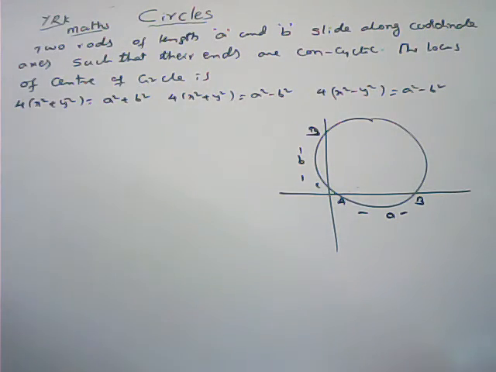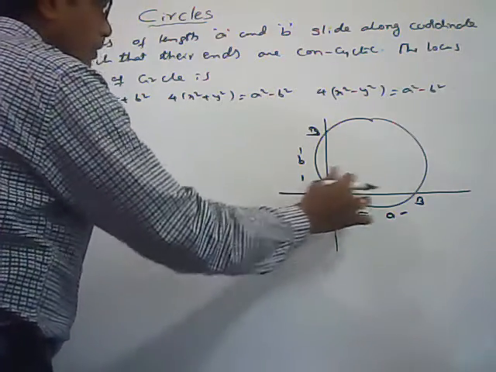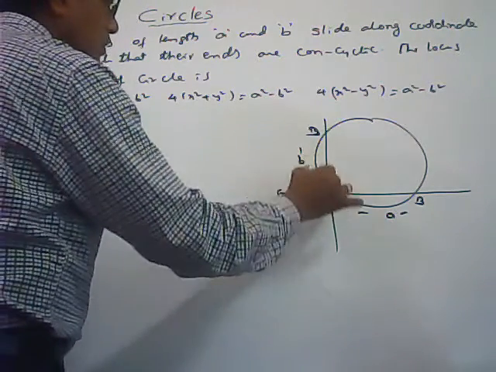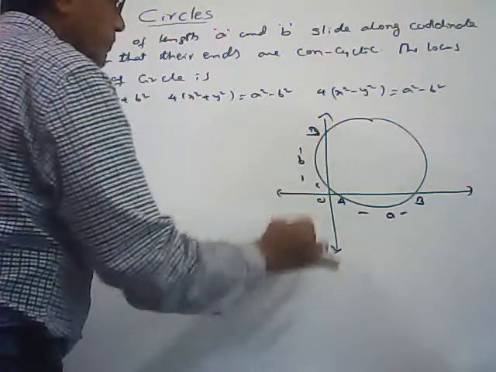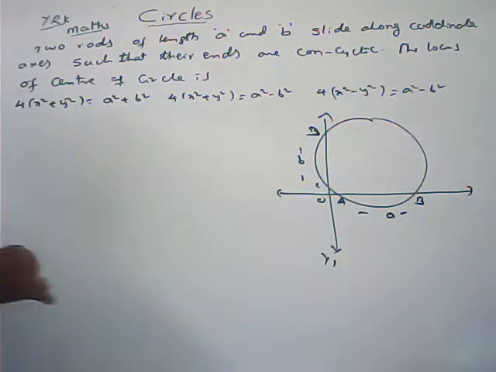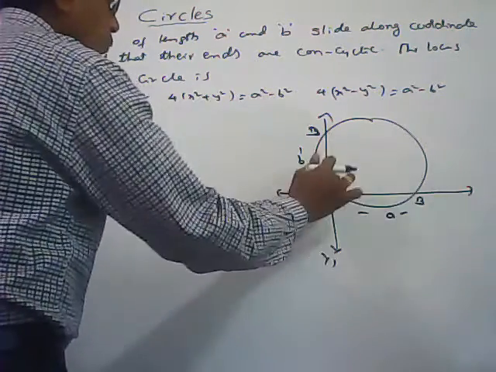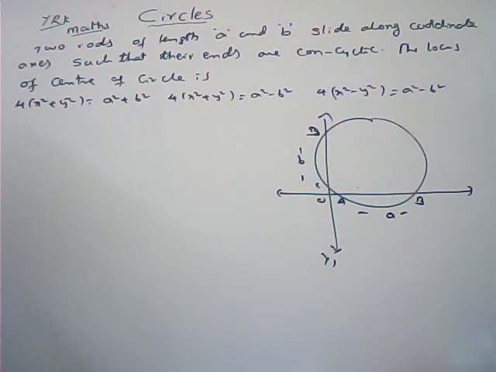Both rods are along the axes only, AB along the x-axis and CD along the y-axis. They slide along the coordinate axes such that their ends are concyclic. So these 4 points are concyclic, and we want the locus of the center of the circle.